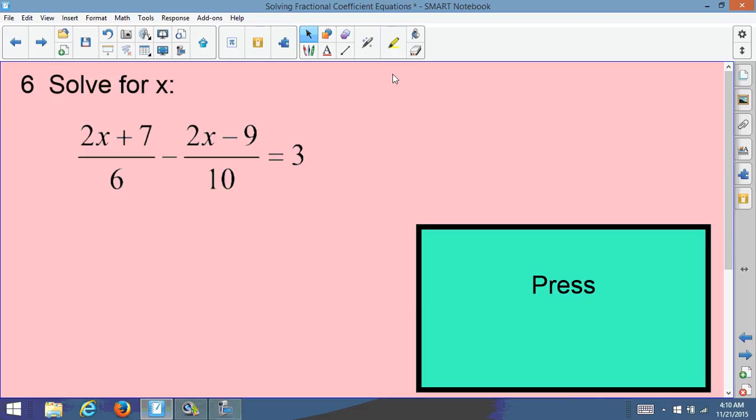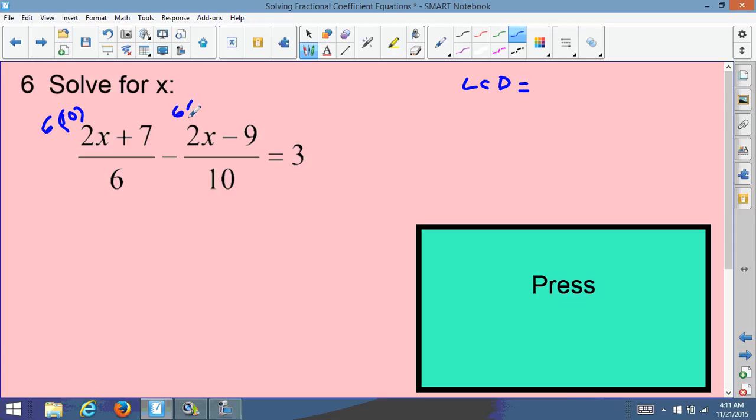So let's get a pen. Try blue. I've got to get my L.C.D. And I'm going to show you a little trick that my teacher did in trigonometry. He just wrote those two denominators there next to each term.